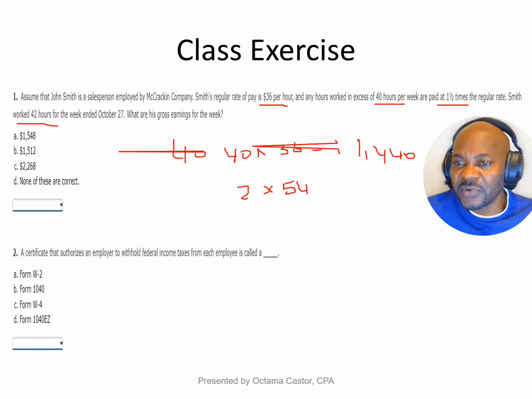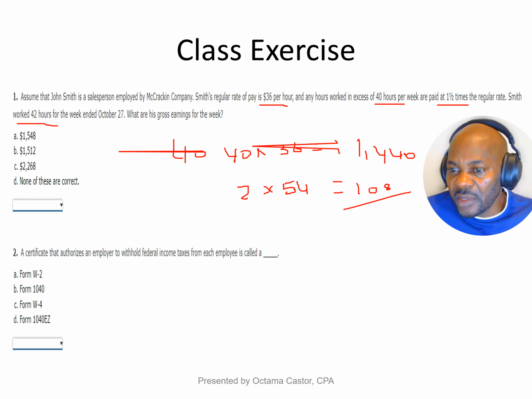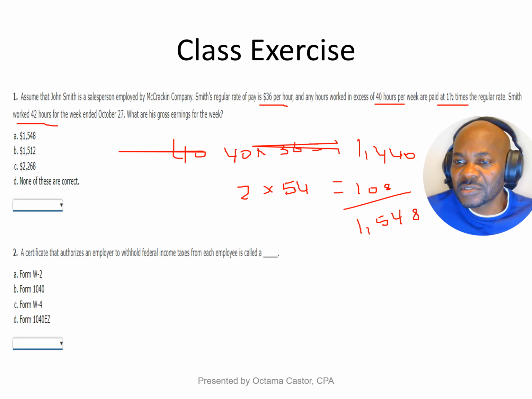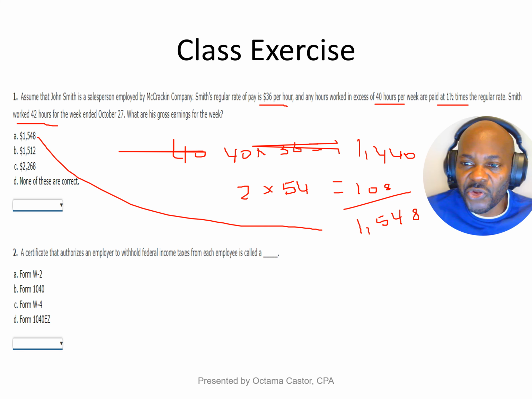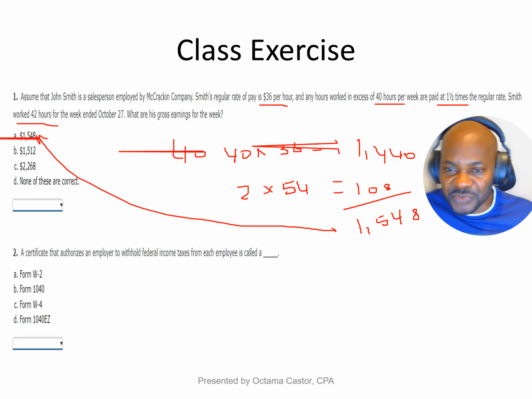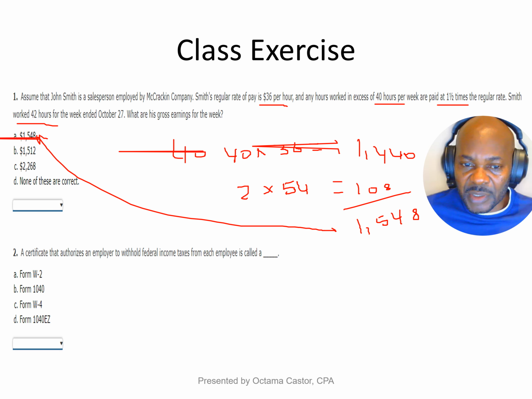How do we get $54? 36 times one and a half gives you $54. So that gives you $108. And when you add the regular pay and the overtime pay, you get $1,548. That is answer A right here. 1,548. That's the answer.